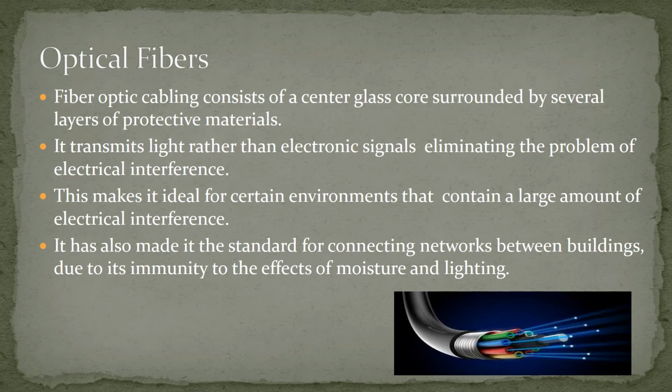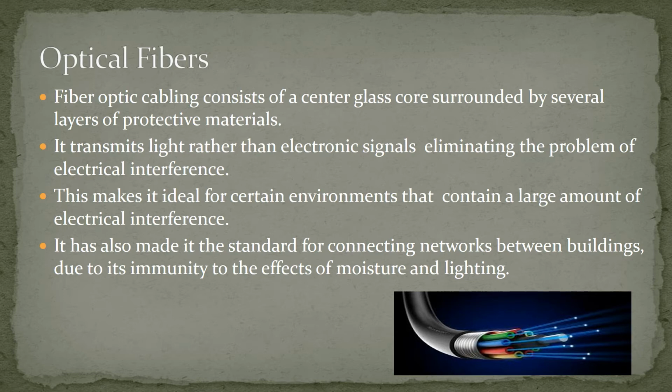Now the main difference between UTP, STP, coaxial and optical fiber is that the technology used to transfer the information is light rather than signals or current.